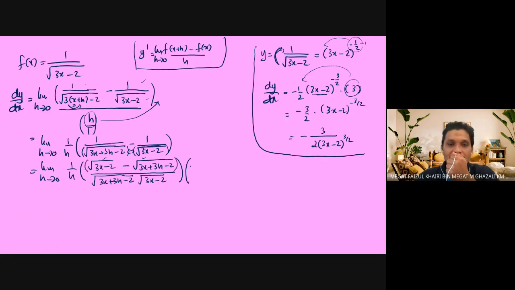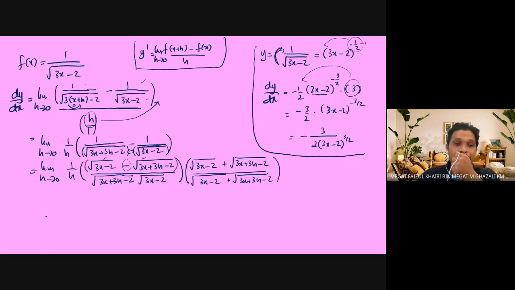So it's now square root of 3x minus 2, negative, I mean here is positive, square root of 3x plus 3h minus 2, divided by square root of 3x minus 2 plus square root of 3x plus 3h minus 2. From the numerator above, we come up with a conjugate with this negative and positive. Again, because it's a conjugate, limit of h approaching 0, 1 over h.